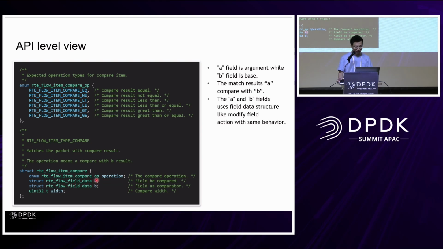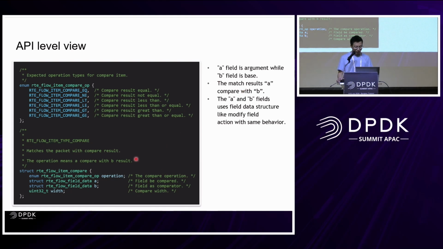For example, Ethernet header type and IPv4 source, IPv6 dest, all these things. And that's the same for the B. So A is the field to be compared, and the B is the comparator. And then maybe you are also interested in the width you want to compare. For example, you only want to compare the 6 LSB, something like that. So we also provide the width.